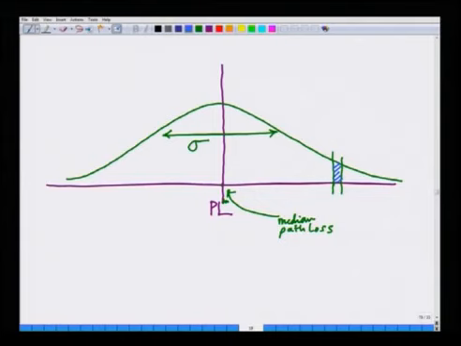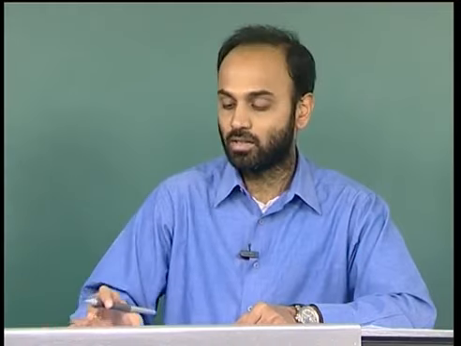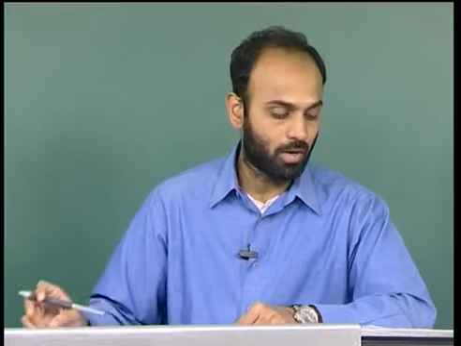This is the median value PL: 50% of the time it lies above the median, 50% of the time it is lower than the median, and given any value we can characterize the probability it takes a value in that region by looking at this probability distribution.